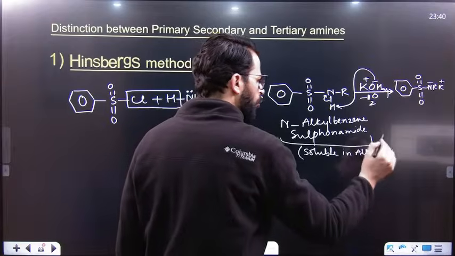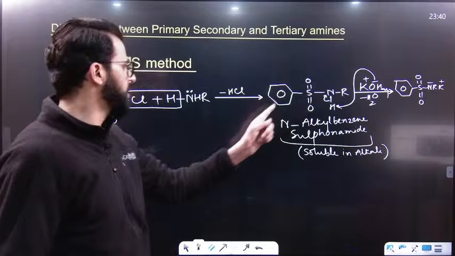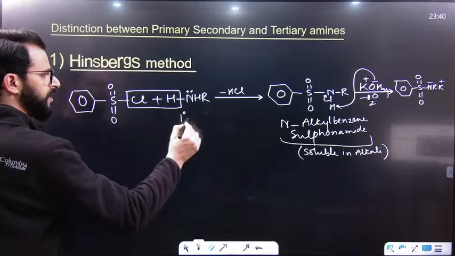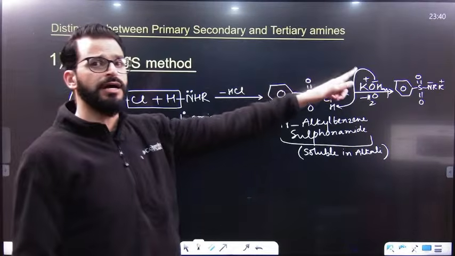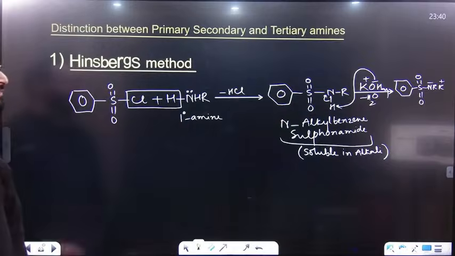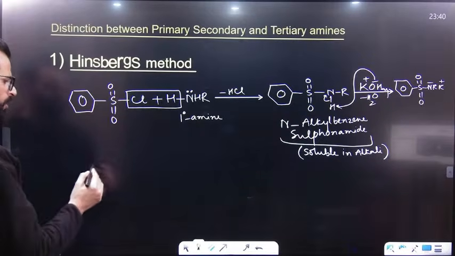Now tell me, whose solid is soluble in alkali? Primary amines. It's the solid of primary amine which is soluble in alkali when primary amine reacts with Hinsberg reagent or benzene sulfonyl chloride.